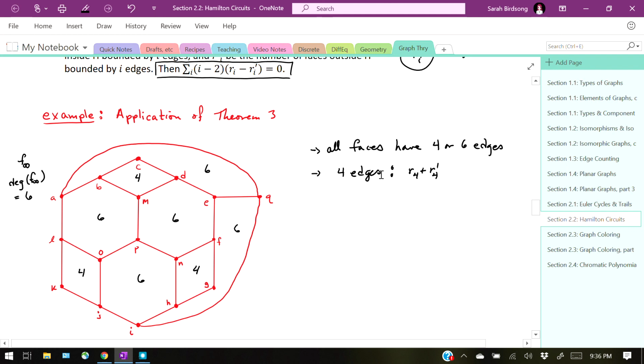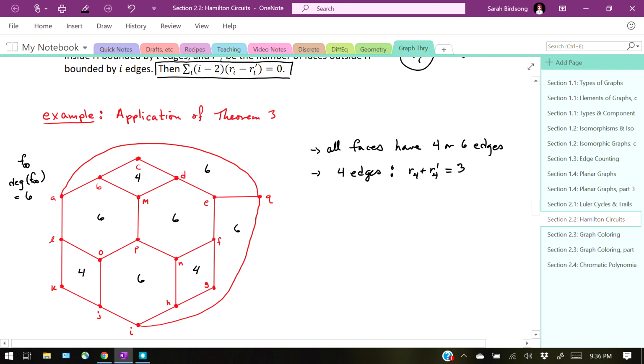So this would be all of the degree 4 faces that are inside of whatever Hamilton circuit may exist, and then all the ones that are outside whatever Hamilton circuit exists. Since we don't know where that Hamilton circuit is, we don't actually know what R4 and R4 prime equal, but we know the sum is all of those degree 4 faces, and if you add them up, it looks like there's 3 of them. 1, 2, 3. Yep, that looks like all of them.